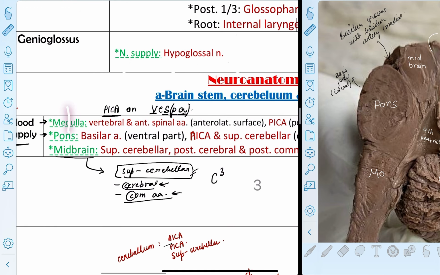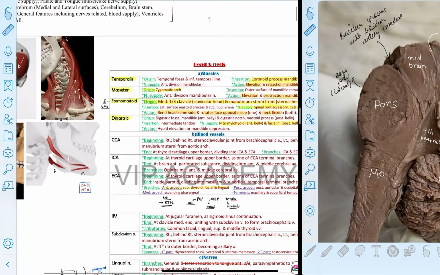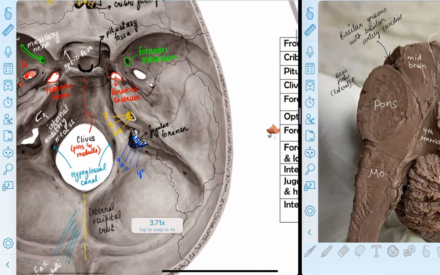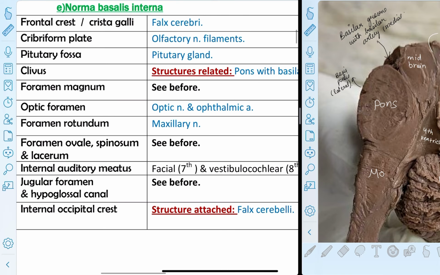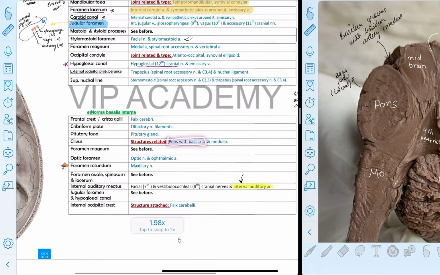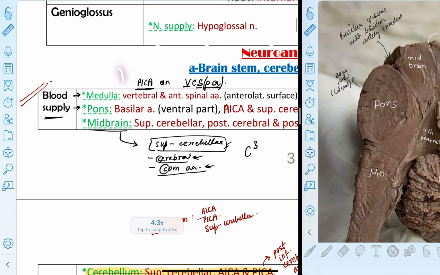Next is pons. We've studied this before also, that whenever pons is given in any type of question, it always comes with the basilar artery, because they are married. I told you this before, pons with basilar, because they are married together. If you're referring to pons, you will have to mention the basilar artery.